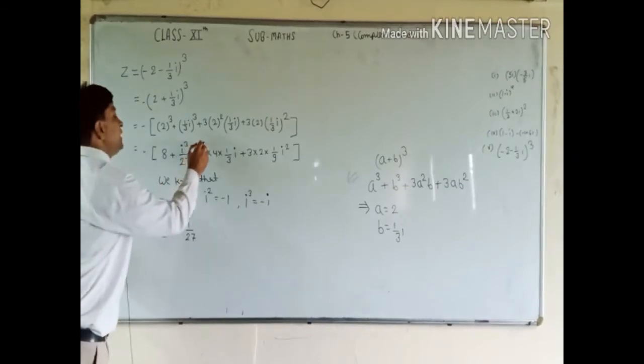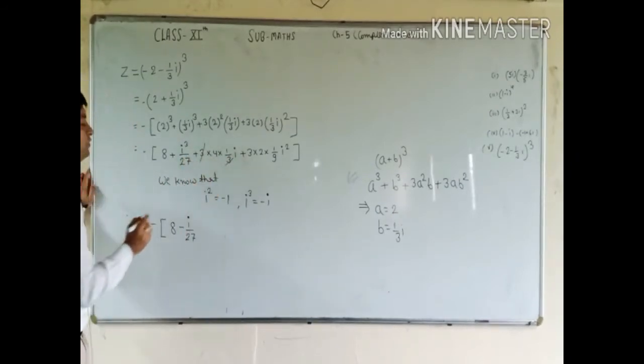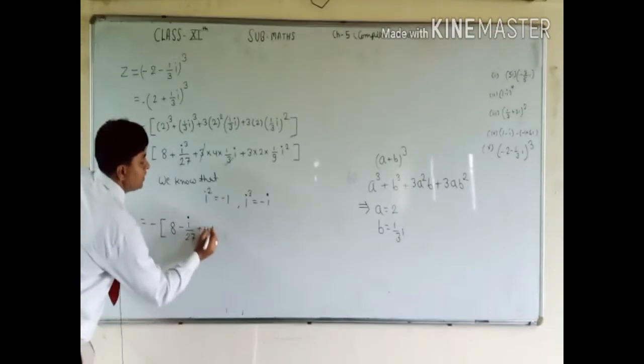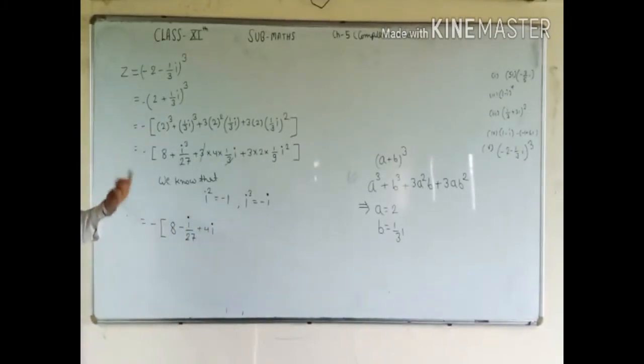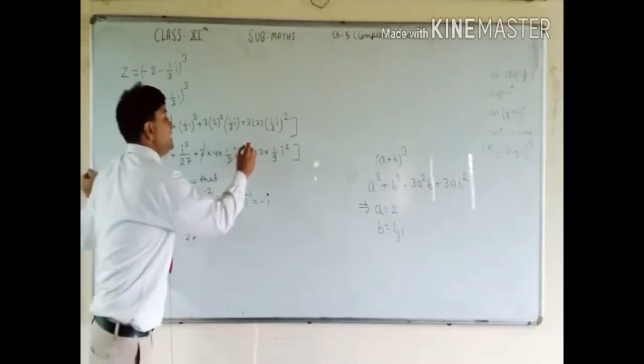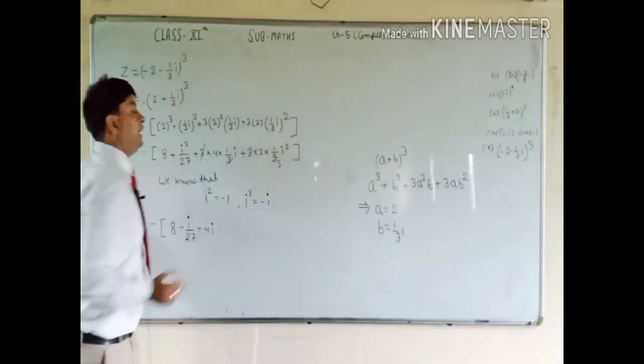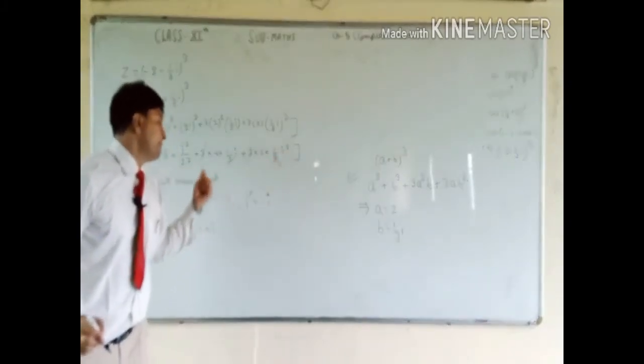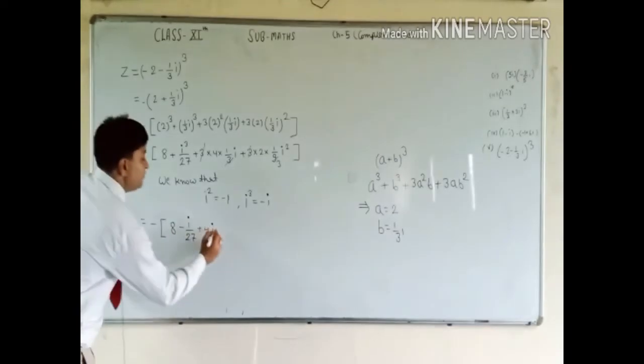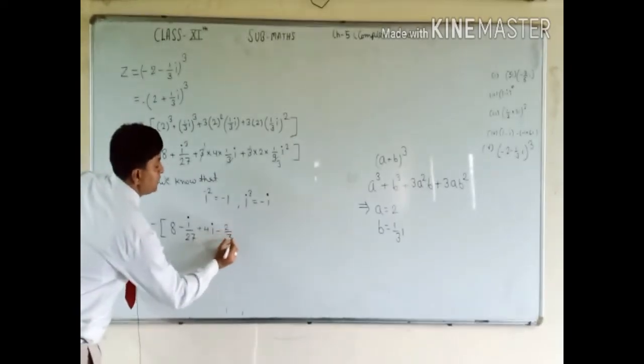This is cancelled out by 3, so we find 4 iota, and in the last 3 is cancelled out by 3, and iota square is equal to minus 1, so we have minus 2 upon 3.